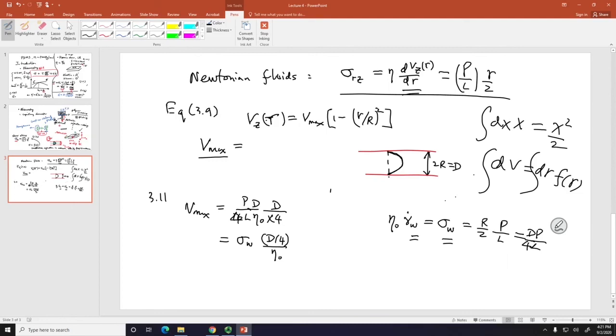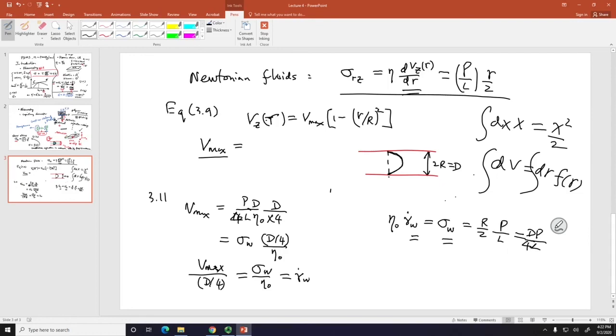So I deduced, I don't know if you can follow me quickly enough or not, let me just redo it. If I move D over 4 to this side, I have sigma w over eta. And that's nothing but the shear rate at the wall, right?